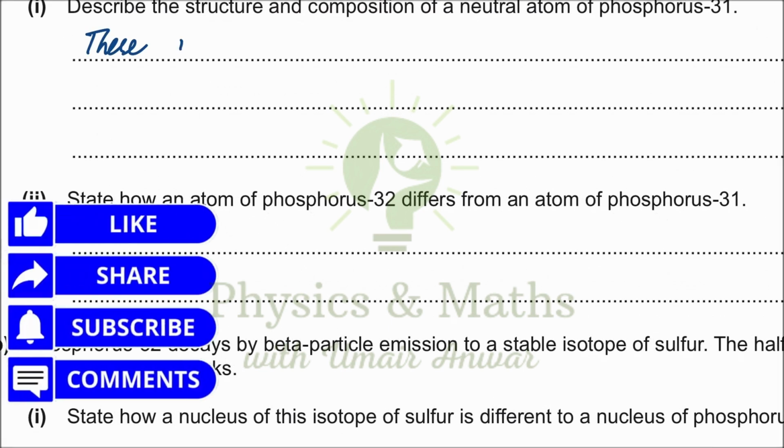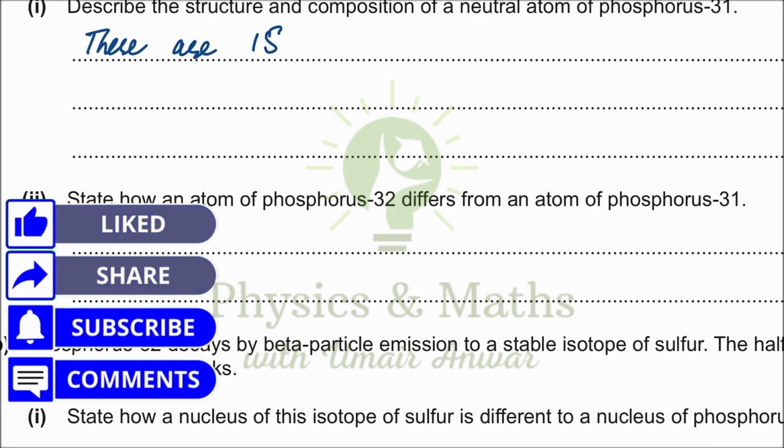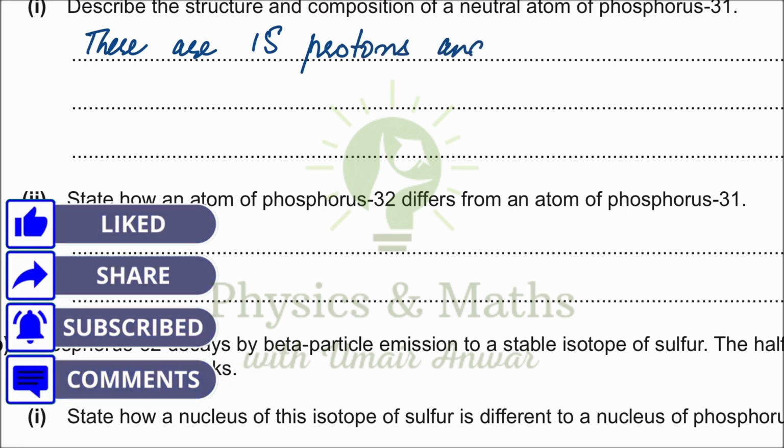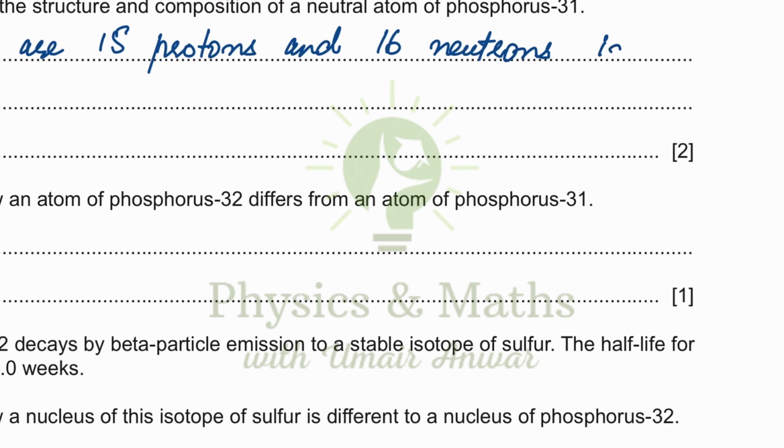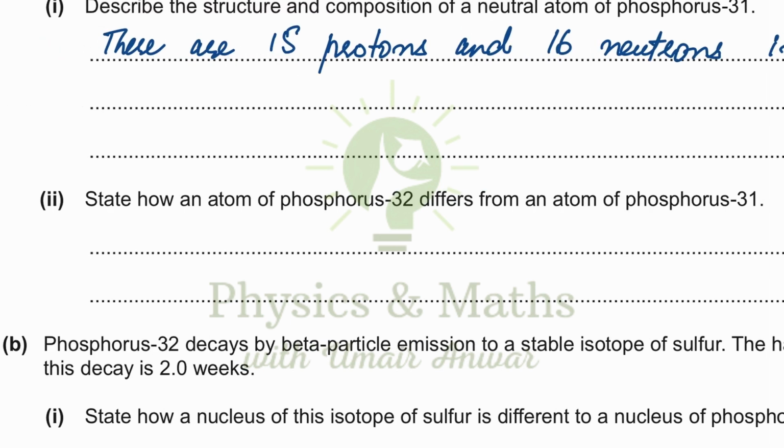First, the composition. There are 15 protons and 16 neutrons in the nucleus of phosphorus.